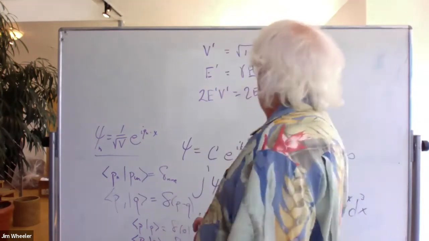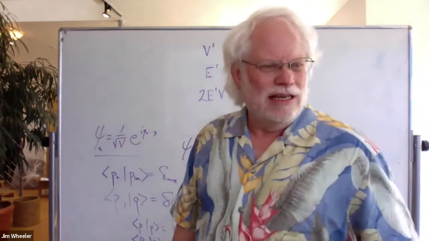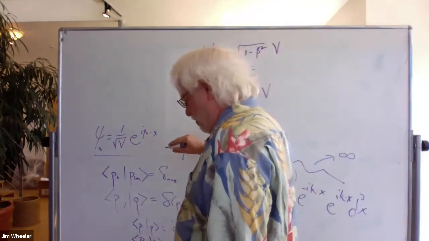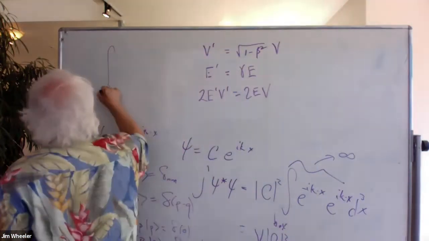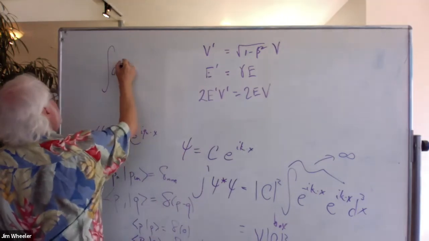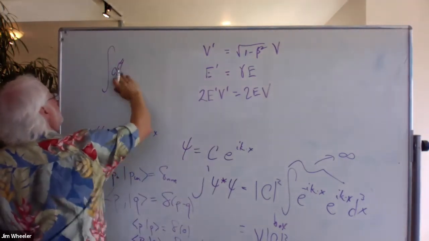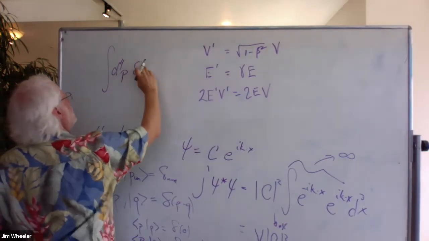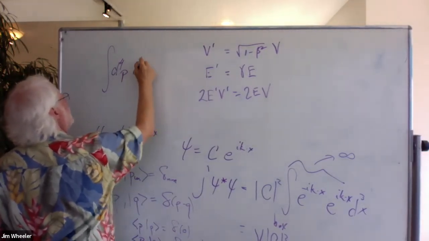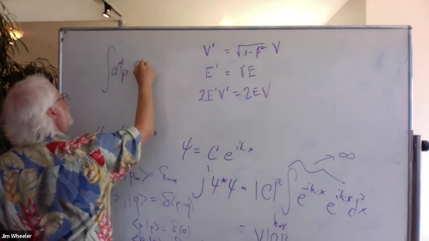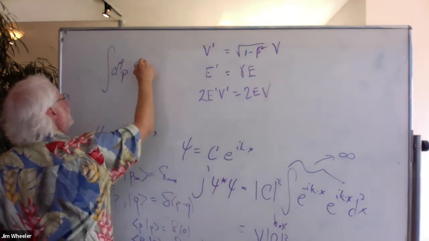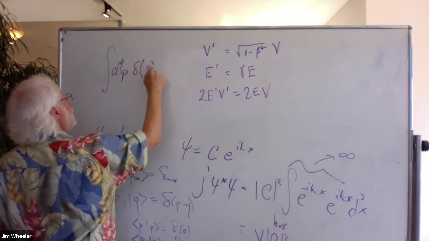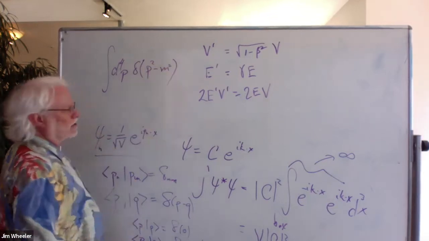The reason for a factor of 2 here: when you're integrating a delta function over space-time, if you have something like d^4p, suppose you have a delta function in the energy, the norm of some 4-vector like this.